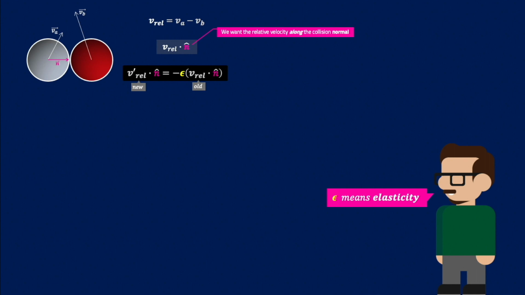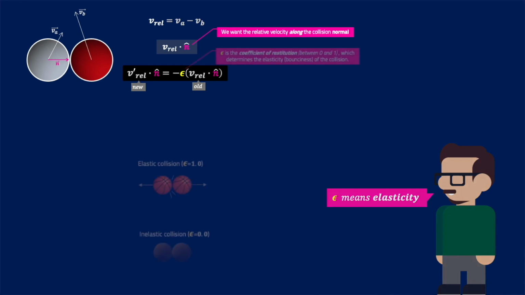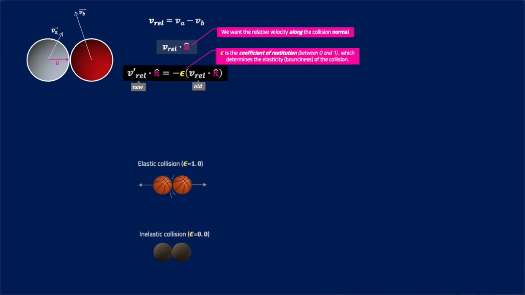So the new relative velocity, the v prime rel there on the left, dot product with normal, is equal to minus epsilon multiplied by the old relative velocity dot product normal vector. That minus epsilon right there is what we call the coefficient of restitution of our collision.